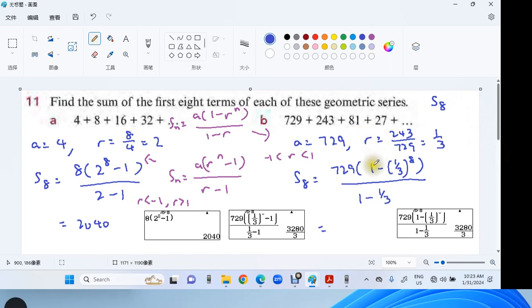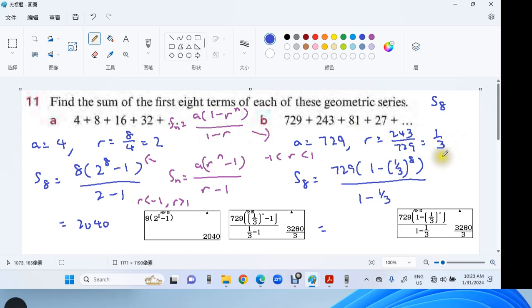Okay. If the r is between -1 and 1, then later we'll have the sum to infinity. So later we will get the S infinity equal to a over 1 minus r.